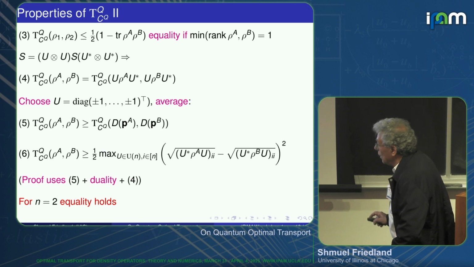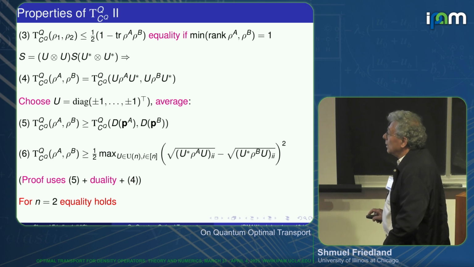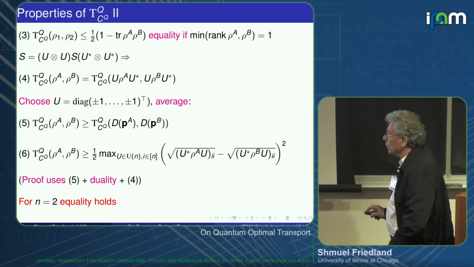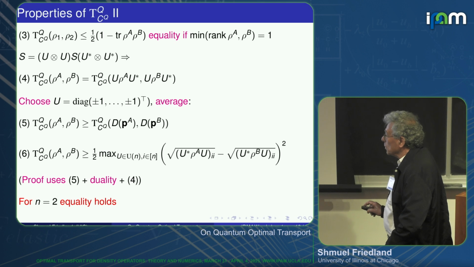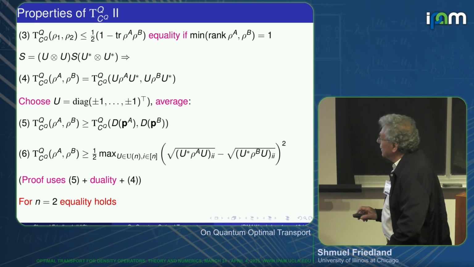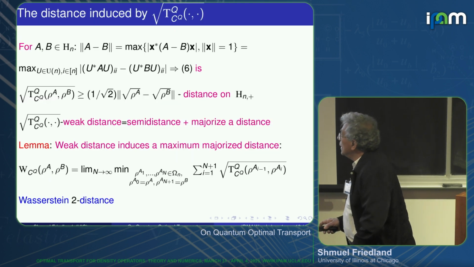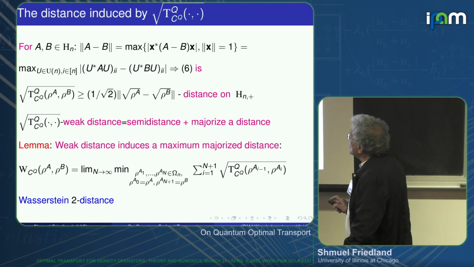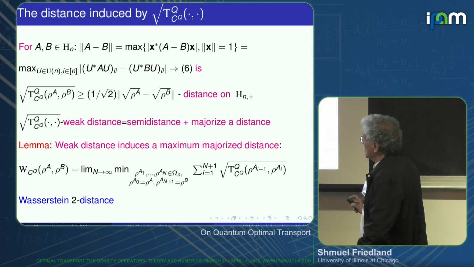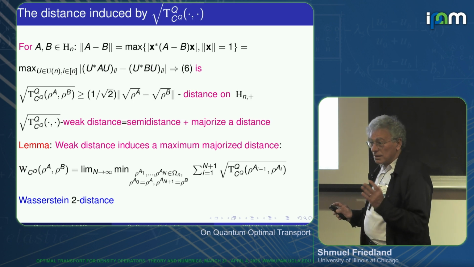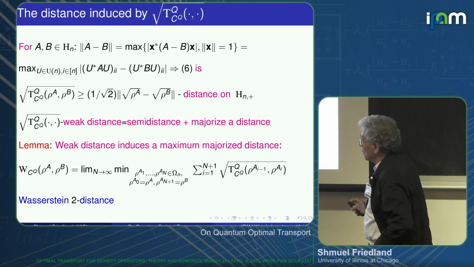And for n equals 2, equality holds. If you want to prove this one, you need to use this inequality and use duality. Okay. Next. So let's talk about the distance induced by that. The conjecture is that this is a distance, but we don't know how to prove it.